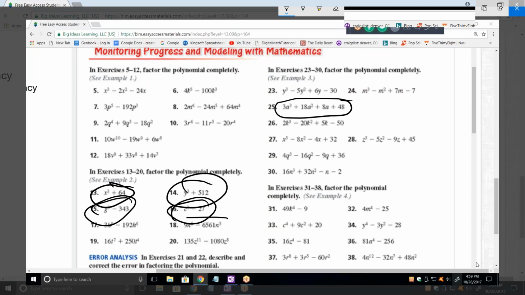Once you take out the greatest common factor, you're left with two terms. So sum and difference of squares and cubes are only two terms. This is four terms. So that is not going to be what we've been working on. Like I said, that's a completely different problem. That's about a 10-minute problem to show you how to do.